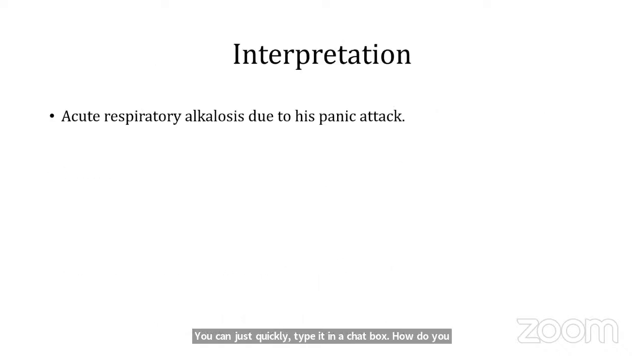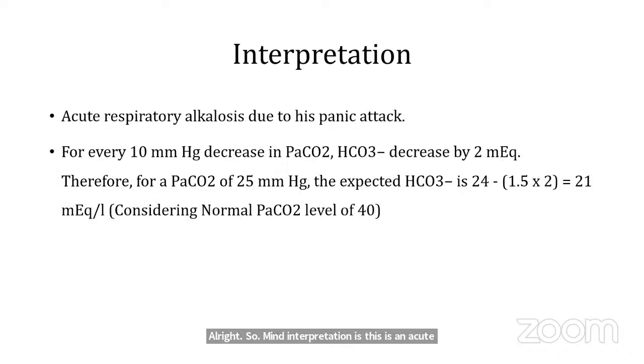All right. So my interpretation is this is an acute respiratory alkalosis due to panic attack, right? So going back to the first couple of slides that I showed, for every 10 millimeter reduction of PCO2, bicarb would reduce by 2 milliequivalent. Therefore, for a PCO2 of 25 millimeter of mercury, how much is the reduction of PCO2 from 40? The reduction is 15.